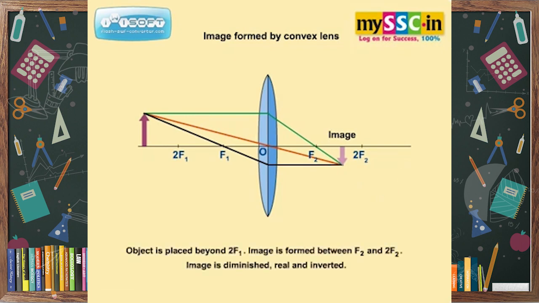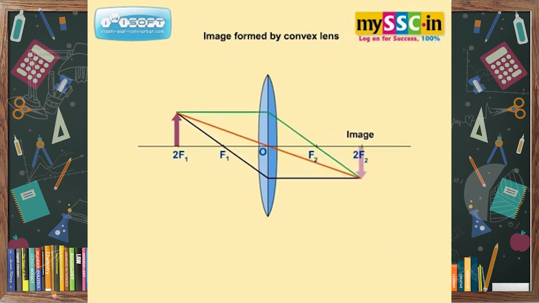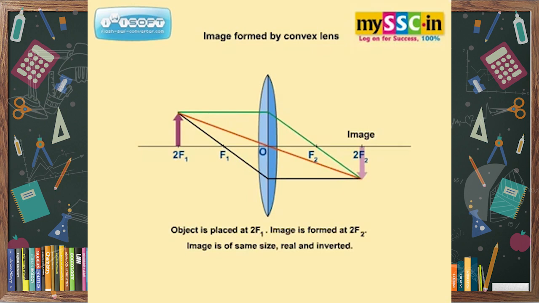When object is placed beyond 2f1, image is formed between f2 and 2f2. Image is diminished, real, and inverted. When object is placed at 2f1, image is formed at 2f2. Image is of same size, real, and inverted.